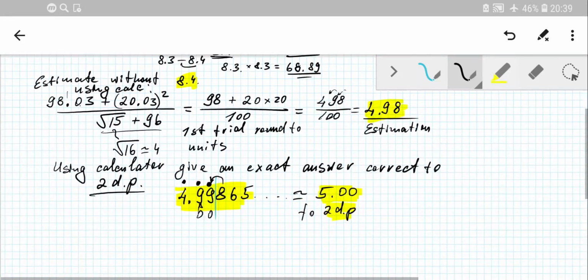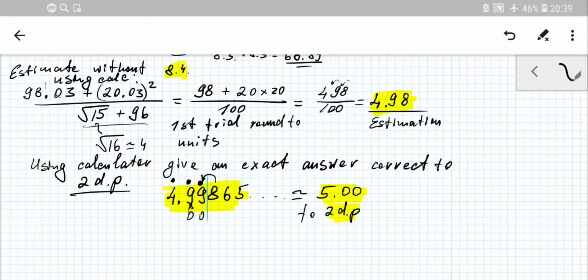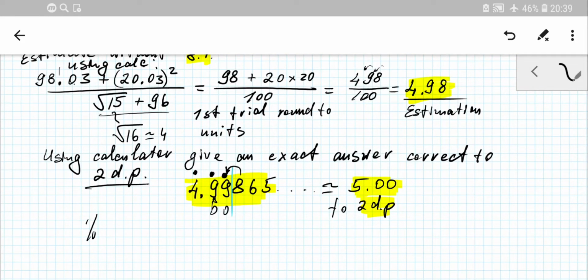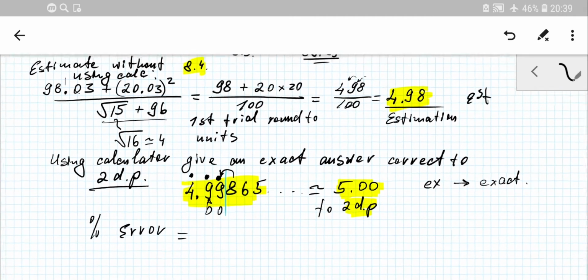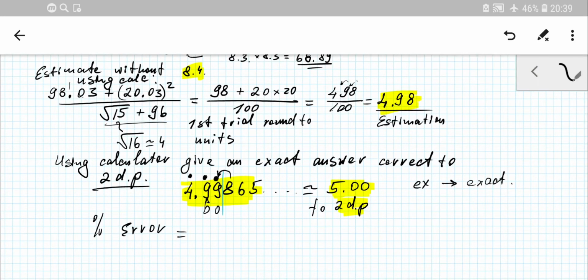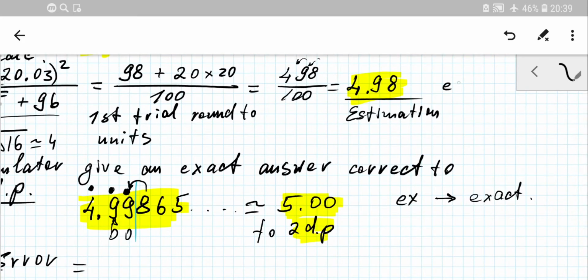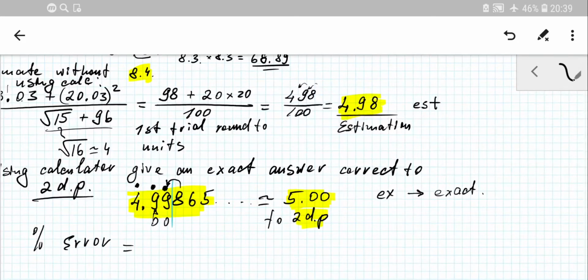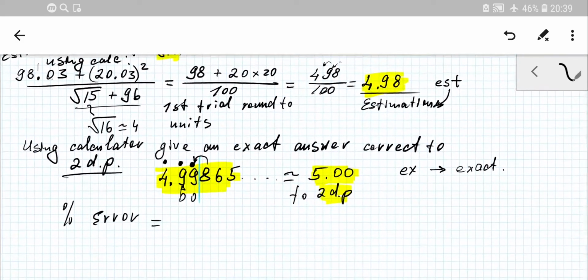All right, so now you might be asked about the percentage error you've got during estimation. So how do you calculate percentage error? Let's say X stands for the exact value, and estimated stands for the estimated value. How do we calculate percentage error?